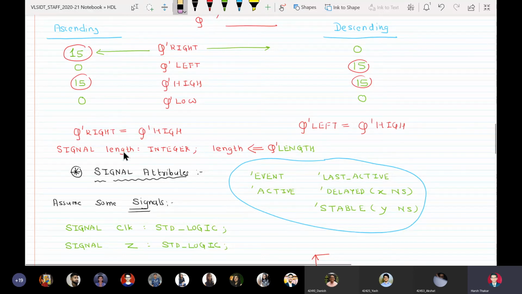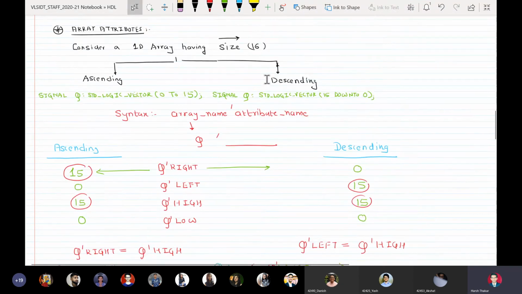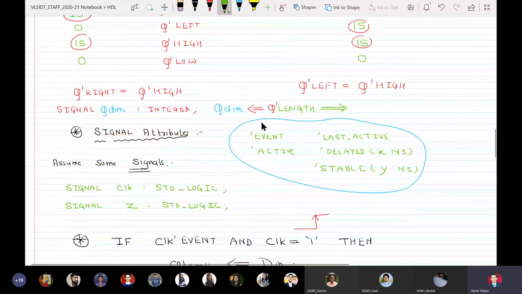So I have to change that, and maybe I can say q_dim. So then q_dim is assigned q'length. In that case, when it executes, the length of q is actually 16. So after execution of this particular statement, q_dim will become equal to 16.